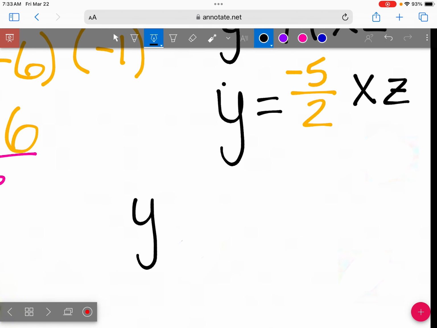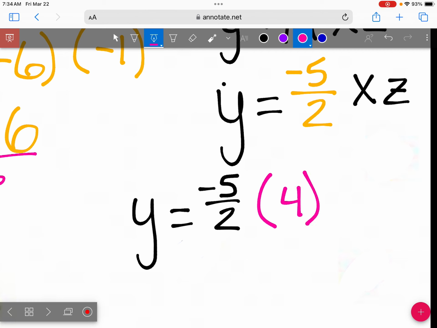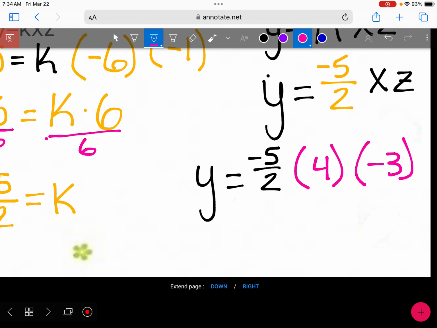So we're going to have that y equals negative 5/2 when my x equals 4 and my z equals negative 3. We can either do that by hand, multiplying that out, because we can do that because we're awesome, or we can type that in the calculator. Negative 5/2 times 4 times negative 3.